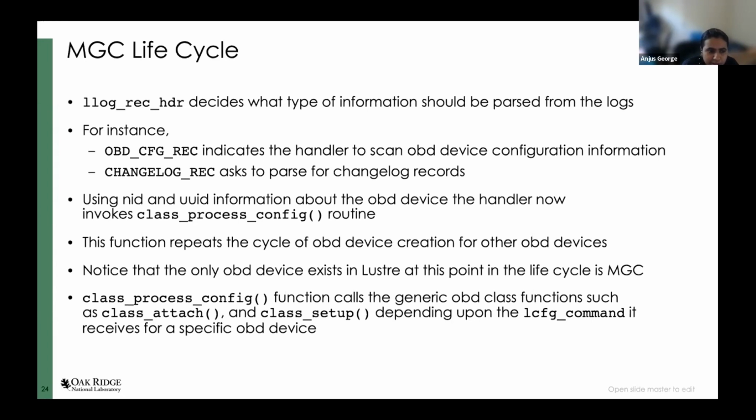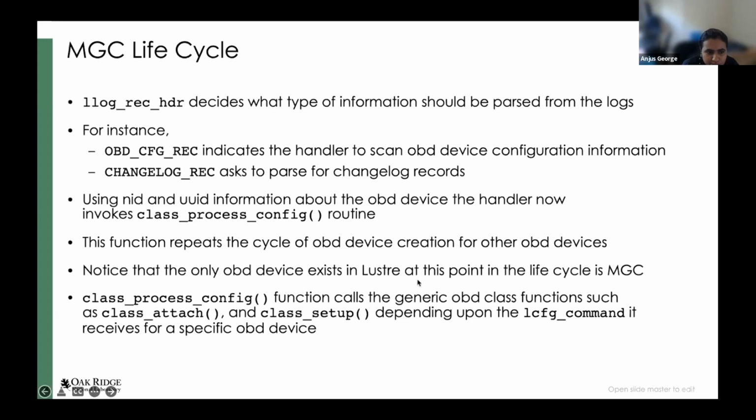So using the NID and UUID information about the OBD device, the handler now invokes the class_process_config routine. This function repeats the cycle of OBD device creation for other OBD devices. And notice that we have only the MGC as the OBD device in the OBD device lifecycle right now.